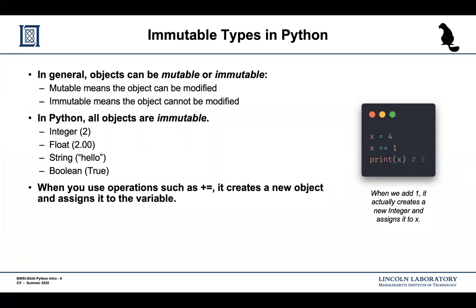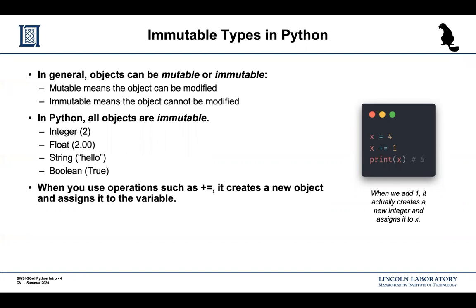When you use operations such as plus equals, which is basically saying y equals y plus whatever, it creates a new object and assigns it to y. So if you say x equals 4 and then y equals x, technically at that point they're both pointing at the same object.